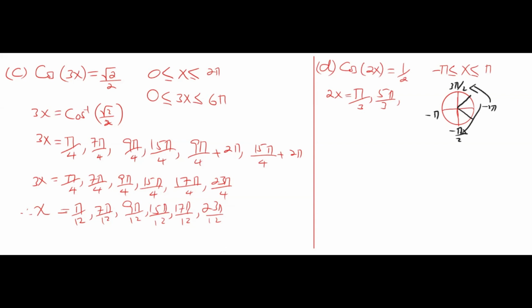If I go clockwise and anti-clockwise, both ways I'll actually get 5 pi on 3 and negative 5 pi on 3. So both ways I'll still get 5 pi on 3, with this one negative.